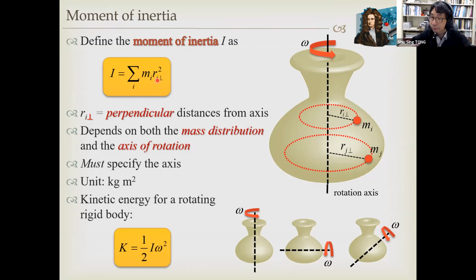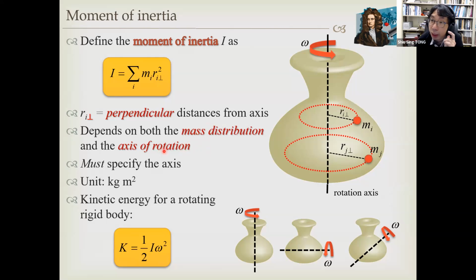But if the vase is very wide, then the particles at the base may be at a large distance from the axis of rotation. And in that case, you may get a large value for the moment of inertia. So it depends on how the mass is distributed, the shape of the object, and how far those particles are from the axis. Those are intrinsic properties of the object.